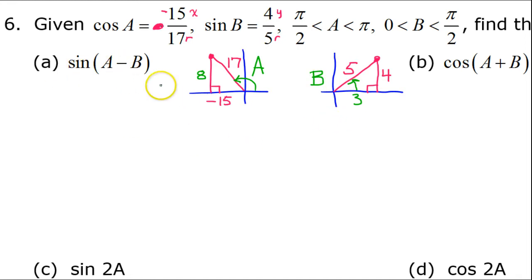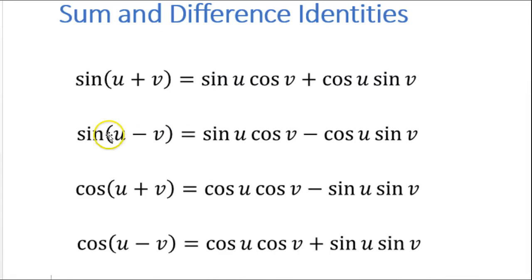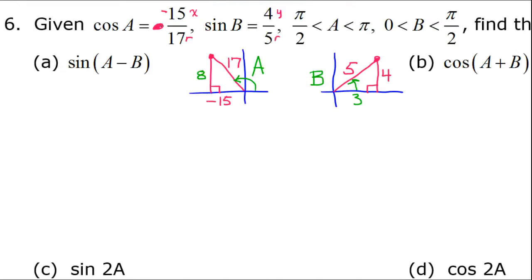Okay, so now we're just going to use our formulas. Sine of A minus B. So that's going to be sine cosine minus cosine sine. Let me just put this so I can squeeze it in.